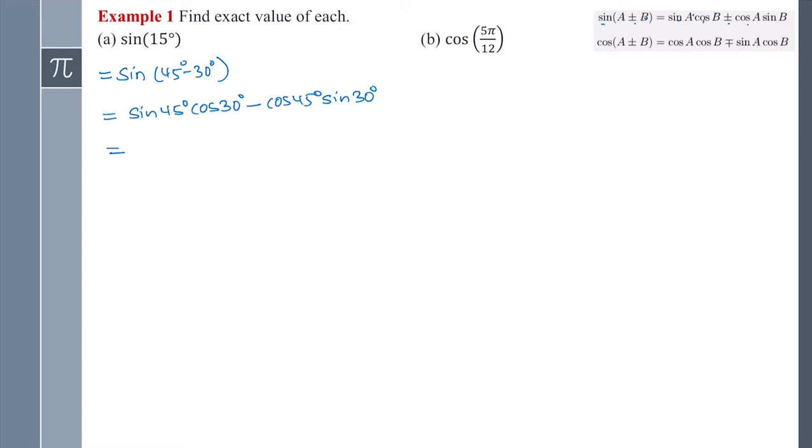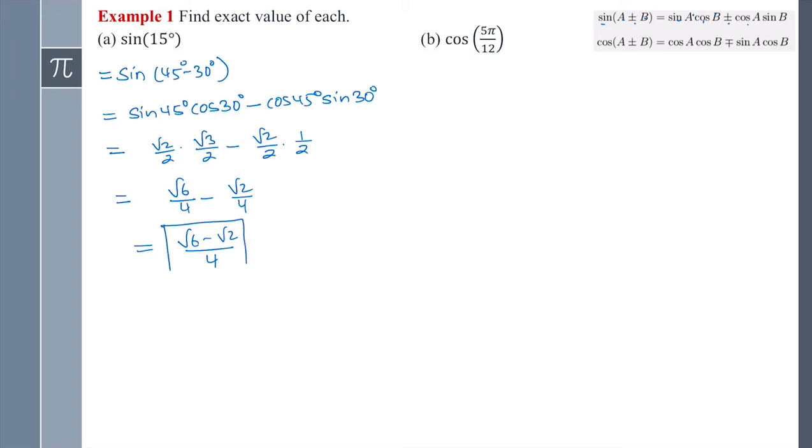Sine 45 is the square root of 2 over 2 times cosine 30, which is the square root of 3 over 2, minus cosine 45, which is the square root of 2 over 2, times sine 30, which is 1/2. So this gives us the square root of 6 over 4 minus the square root of 2 over 4, or the square root of 6 minus the square root of 2 over 4. Since we are asked to find the exact value, we are not going to put it into the calculator, we'll just leave it here.